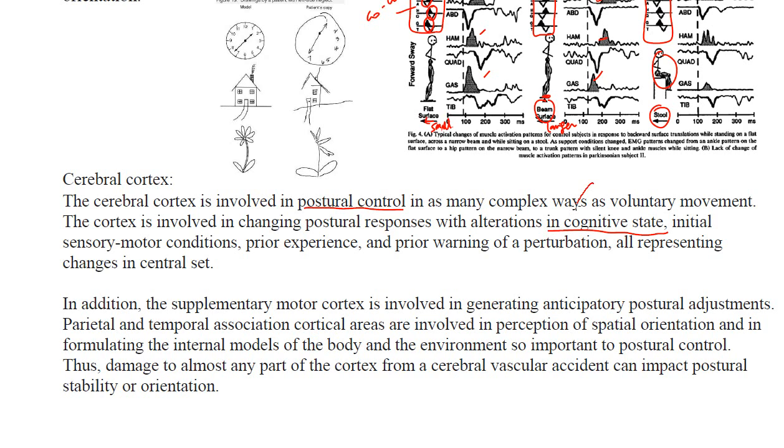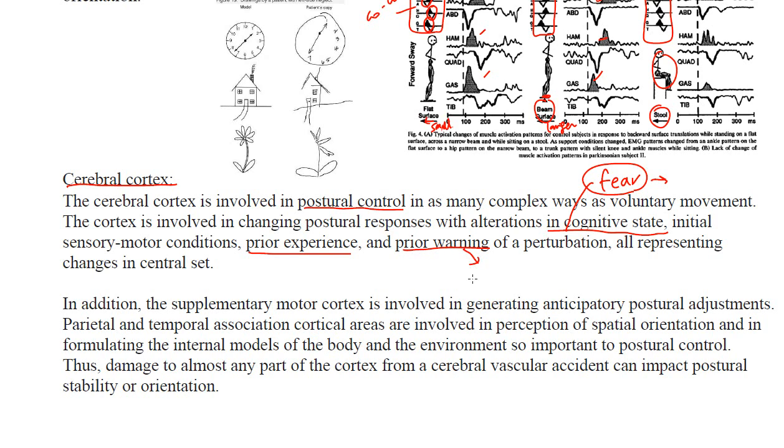So, for example, if you have fear, that might influence postural control through the involvement of the cerebral cortex. It can also influence postural control by prior experience and prior warning signals.